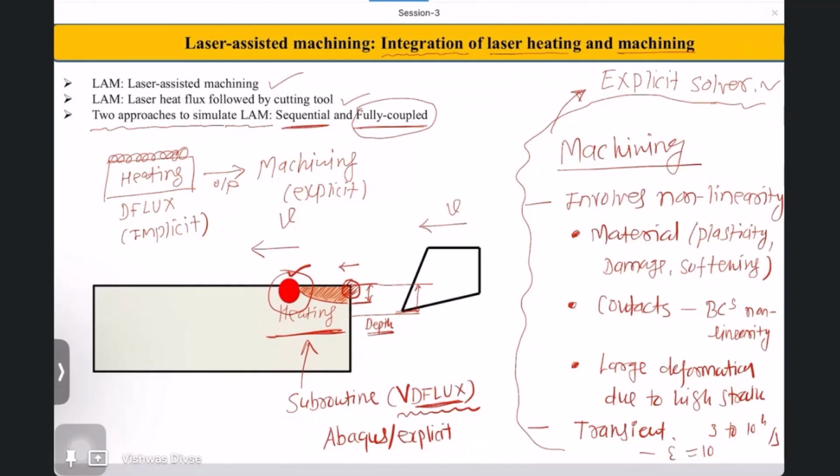Maybe before 3-4 years, most people used the DFLUX subroutine. Only in recent research can you see VDFLUX, and people are using it and getting very good results as compared to the sequential approach.